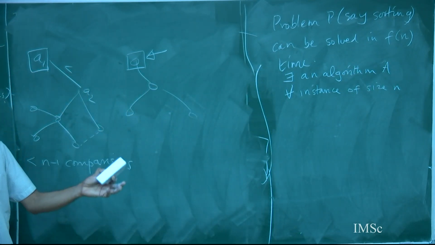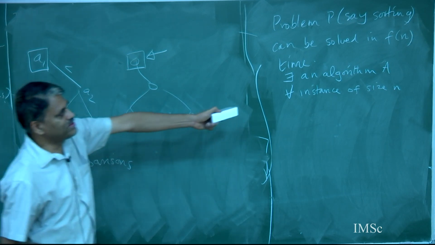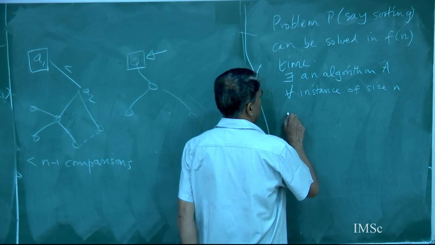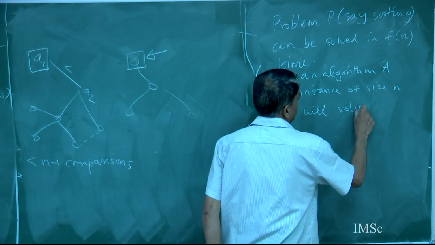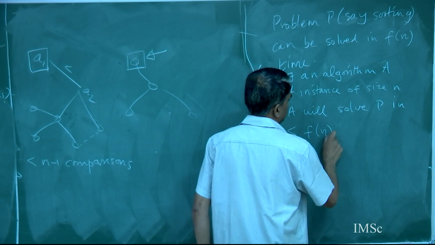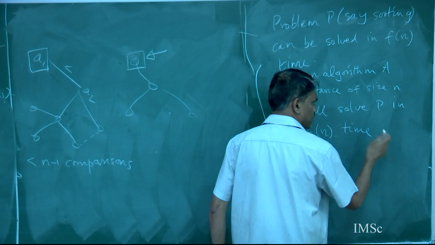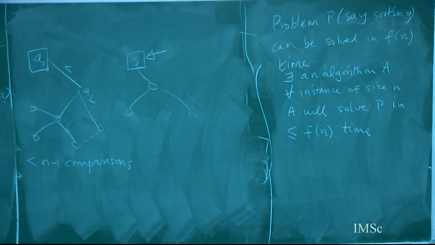What does it mean that I can sort in n log n? There is merge sort, which, given any instance of size n, will solve P in at most f of n. If you give any list of size n, it will sort in order n log n.